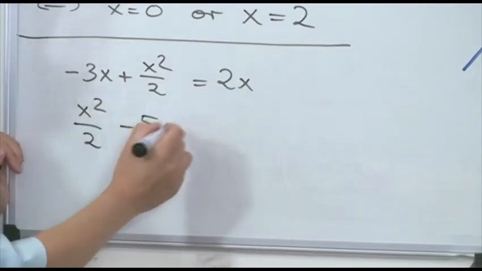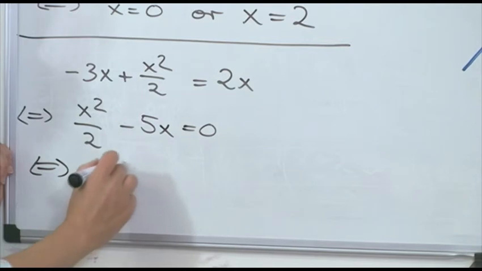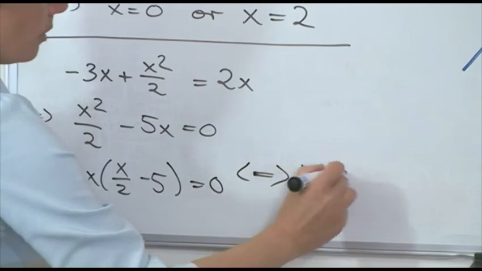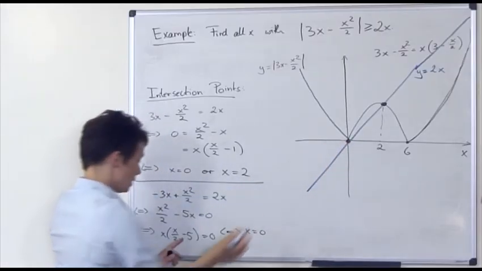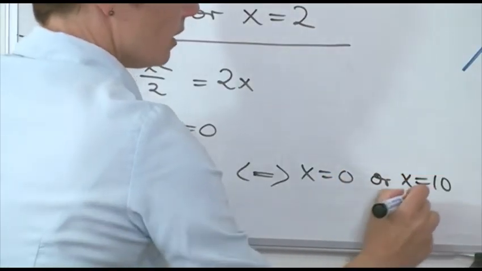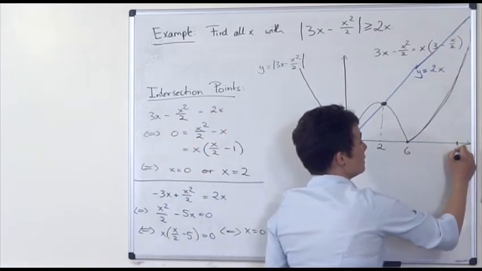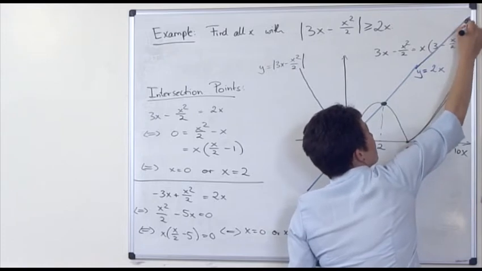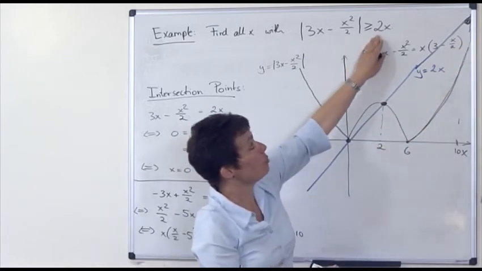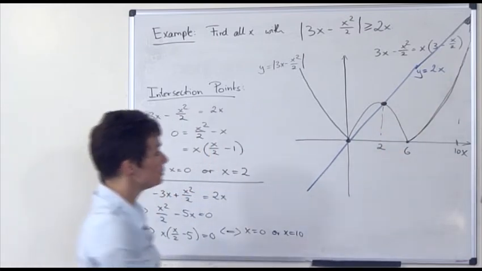It gives me a minus 5x. And this factorizes again into x times (x over 2 minus 5). And that happens when x is equal to 0, just the old solution, or when x is equal to 10. So indeed, there is an intersection point a little bit further over there, at 10. Somewhere here, these two functions meet and the black graph overtakes the blue graph and will lie again above it. So the numbers beyond that will be included in the solution.